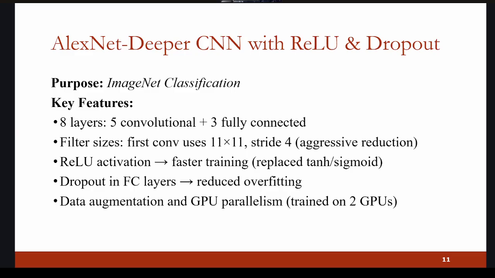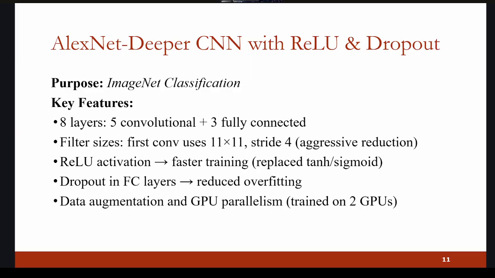Here the filter size is 11 cross 11, and the stride size is 4. Instead of using stride size as 2 or 1, here they have used stride size as 4 to perform aggressive reduction in the feature mapping.